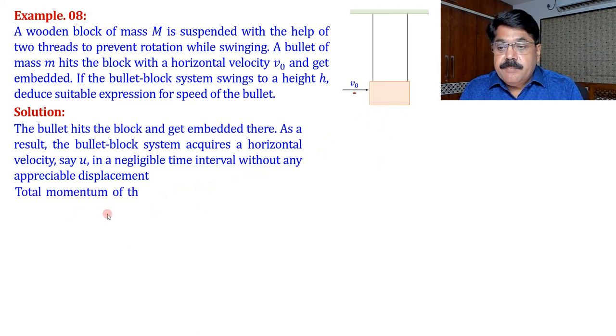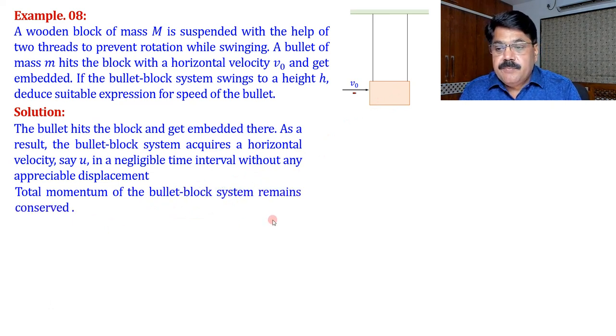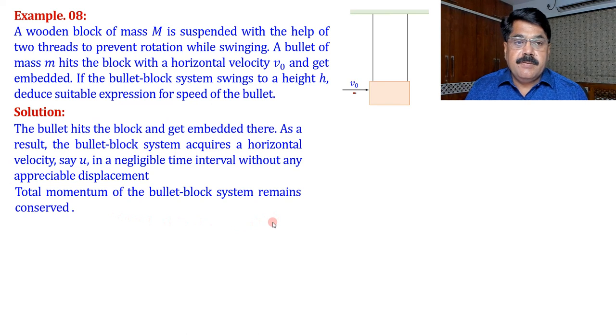Total momentum of the bullet-block system remains conserved. Why? While the bullet is being embedded in the block, in that negligible time the block acquires a final velocity, but the time is negligible, so the block has negligible displacement.